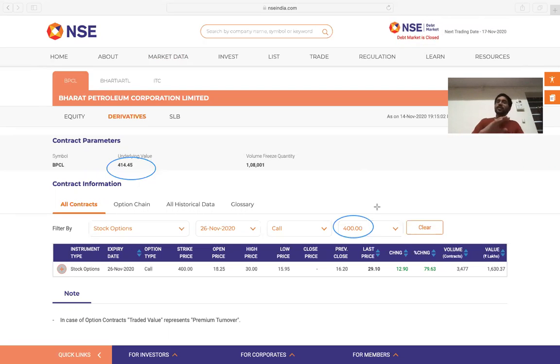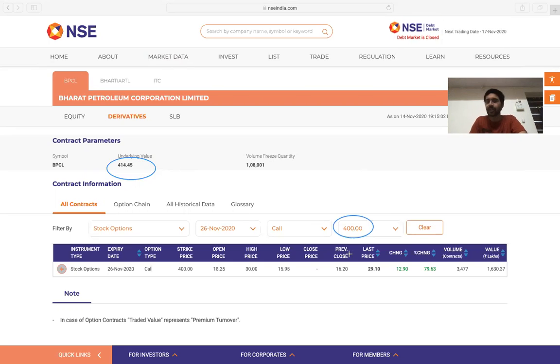But now the underlying value has increased by 20 rupees to 414, and this call option has become in the money. That is the reason I took the top gainer. I wanted a share which moved significantly, and this share price moved significantly today, right?